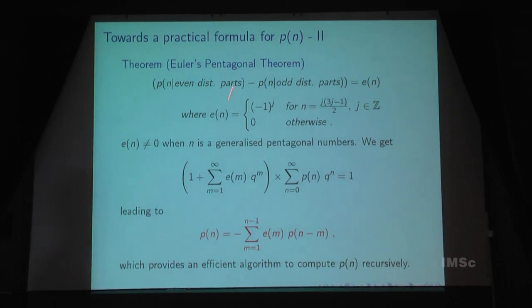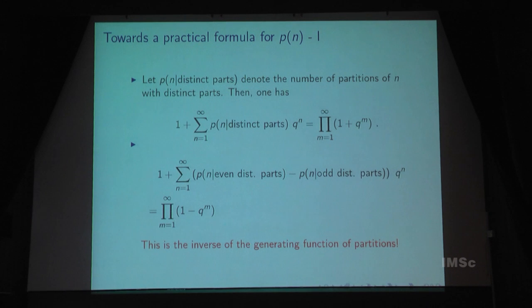So this is just the definition of this. But from the previous page we know that the generating function of this is the inverse of the partition function. So I'm just writing this formula now. I am using something from before, that the product is equal to 1 plus the sum of E of n q to the power n.